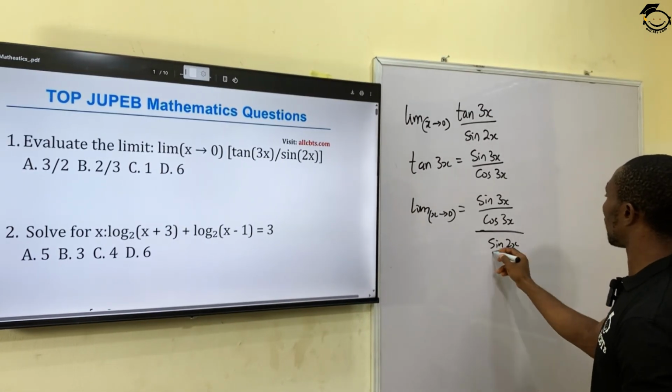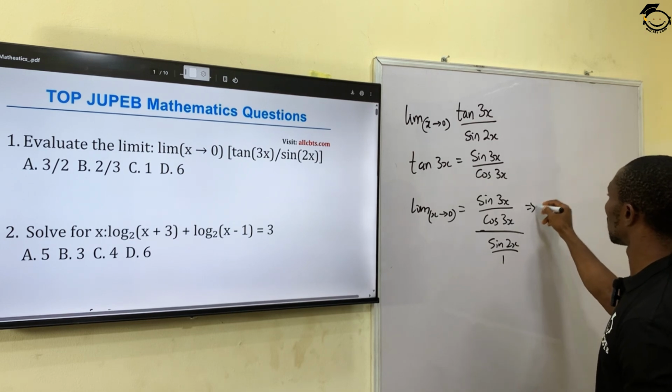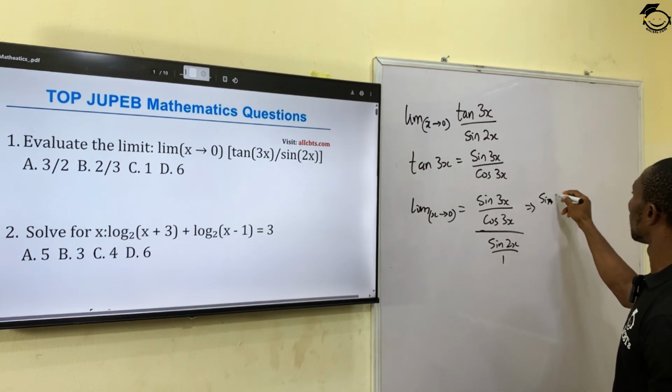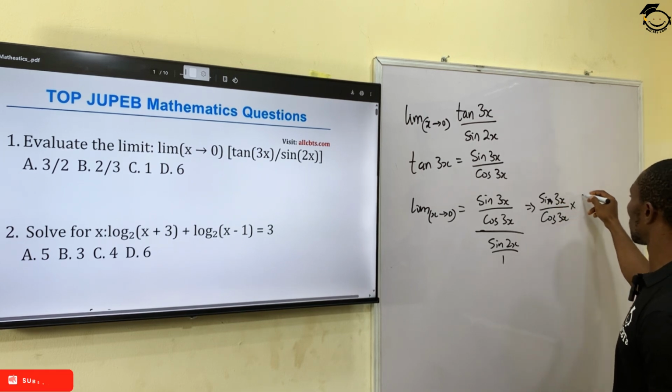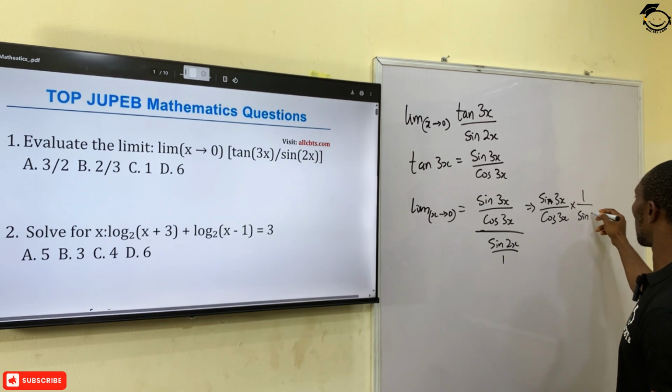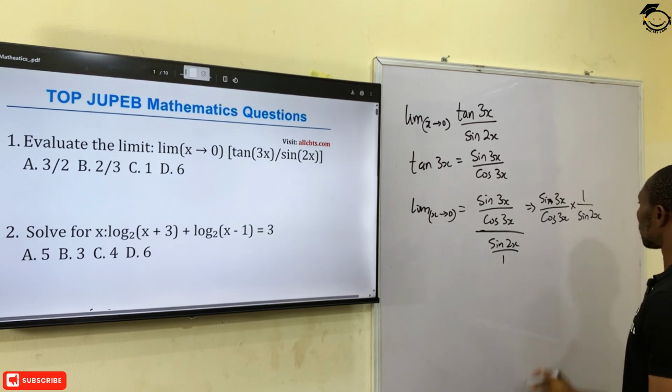If we do the inverse of this, we are going to have sine 3x over cos 3x times 1 over sine 2x.